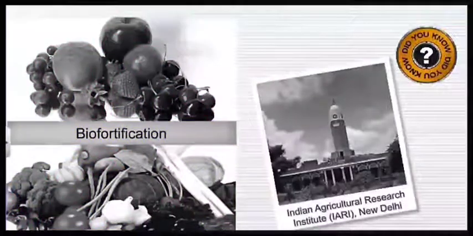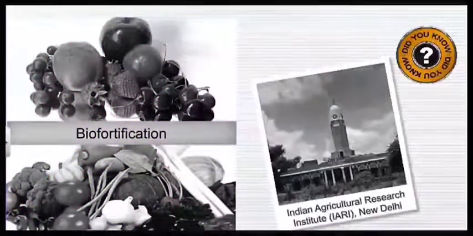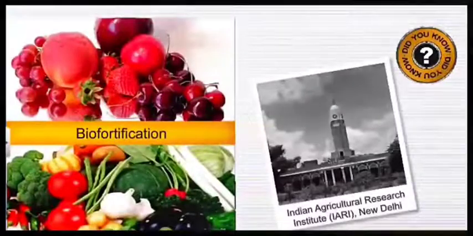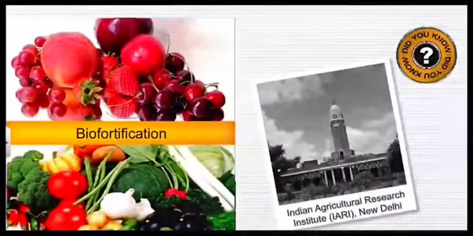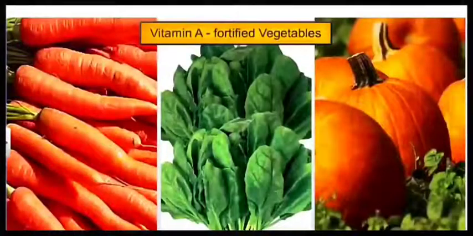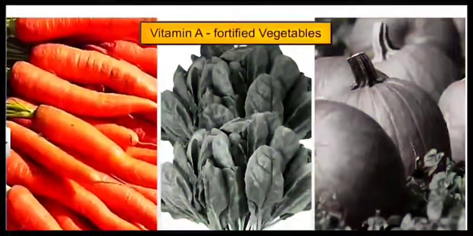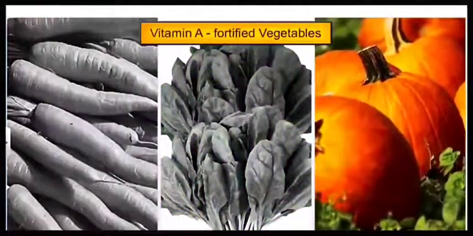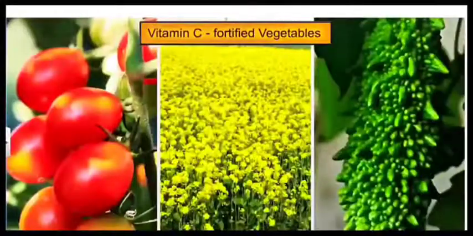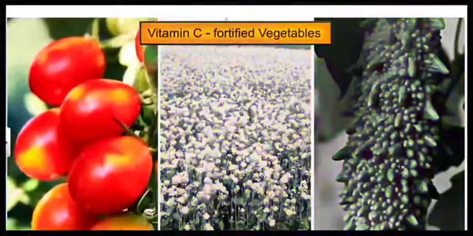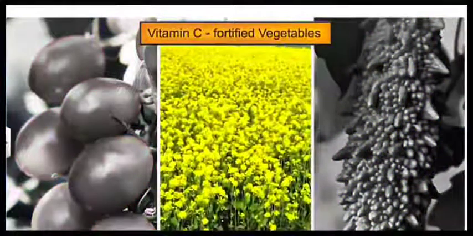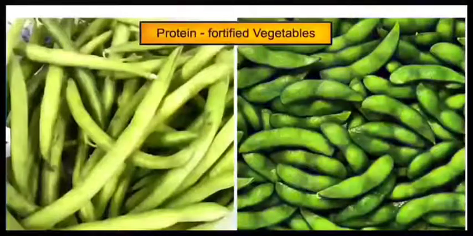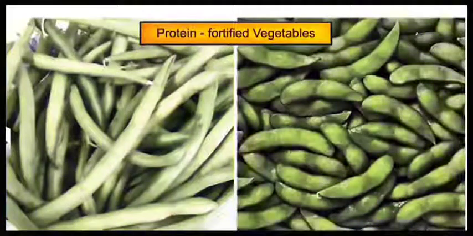In this direction, IARI, that is the Indian Agricultural Research Institute, New Delhi, has done a lot of research and released many biofortified food items like vitamin A enriched carrot, spinach and pumpkin, vitamin C enriched tomato, mustard and bitter gourd, and protein fortified beans and peas.